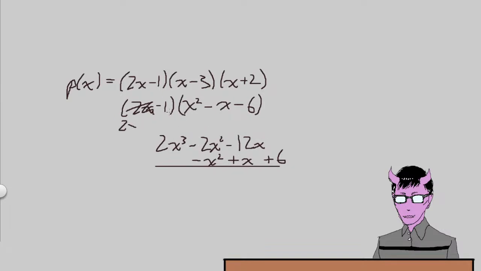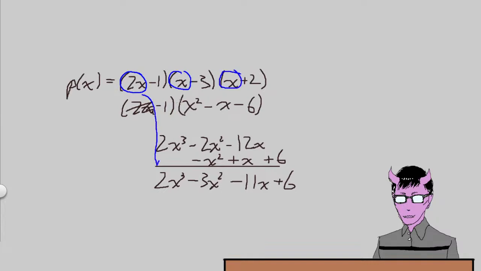Before combining like terms, now we combine like terms. There is the problem. And again, just pay attention to where things are coming from. We have the 2x times the x times the x, and those contribute to generate this particular term right here.